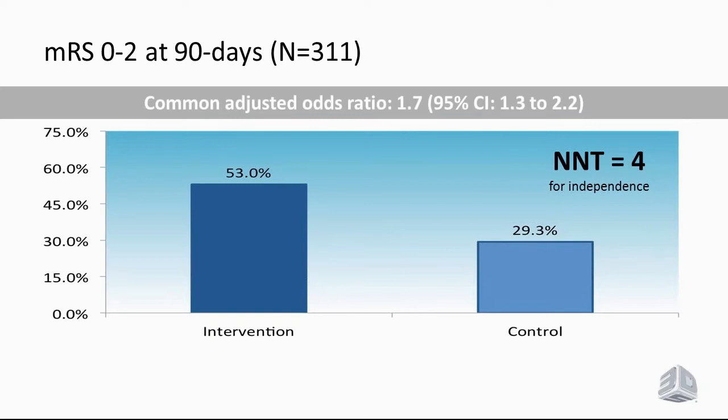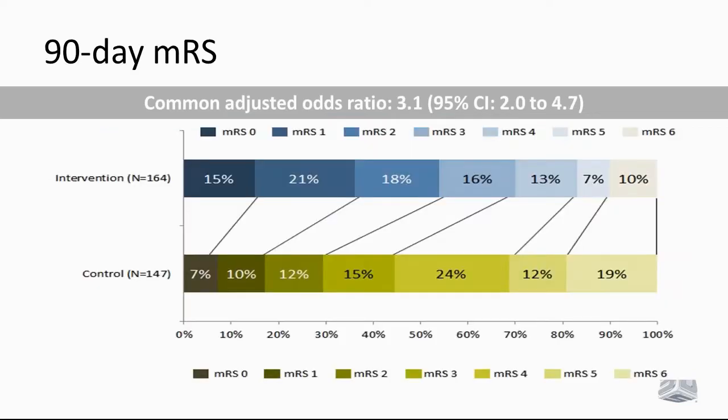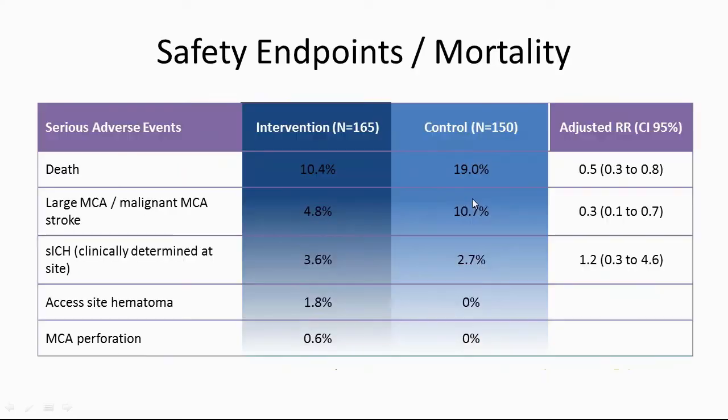And if you look at the modified Rankin scale at 90 days, which was the primary outcome, again, it's not quite 2 to 1, but pretty close. A little over half of patients that had thrombectomy did have a very nice clinical outcome. And this is just the typical shift analysis, which shows the difference between intervention versus control and the shift in Rankin 0, 1, and 2, and the greater percentages with intervention.